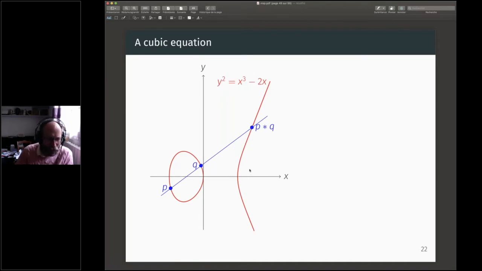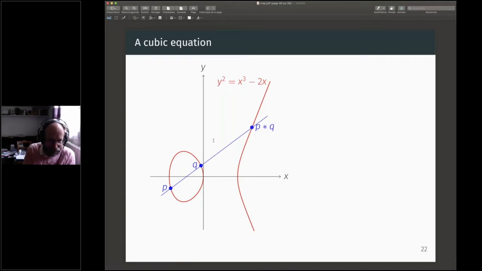There is one special case when the line PQ is vertical. Then what happens is that this equation is supposed to have a root at infinity, but that's okay. We'll find this root at infinity later on.